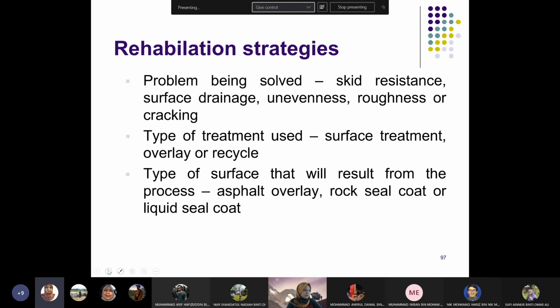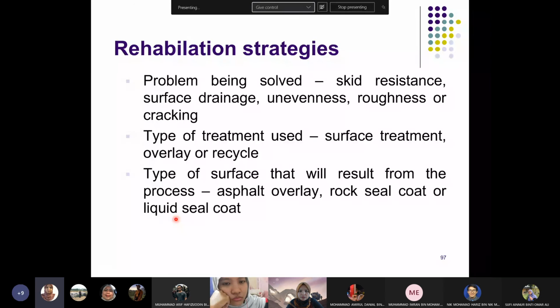Okay, what are the strategies under rehab work? The problem being solved, from skid resistant surface, drainage, uneven surface, roughness, and also the type of treatment used, surface treatment, overlay, or the type of surface that will result from the process.